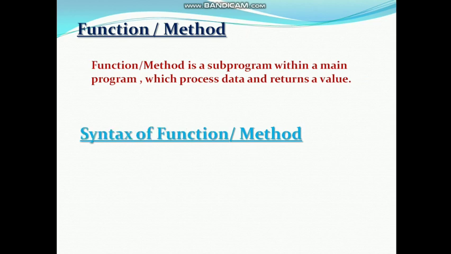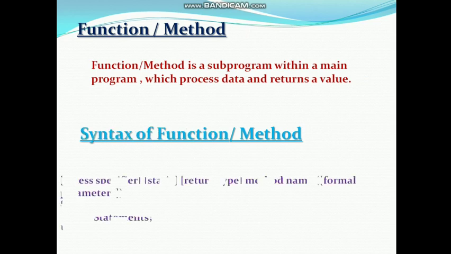Next, syntax of a function or a method. Access specifier, static, return type, method name, inside the brackets, formal parameters, then block of the function starts, then statements of the function, then block of the function closes. So when you write, always after a class you write public static void main.